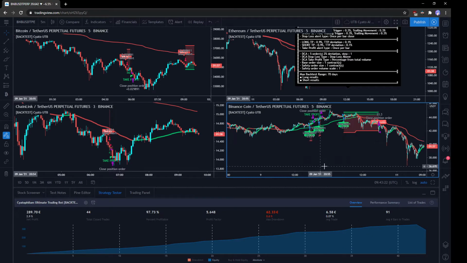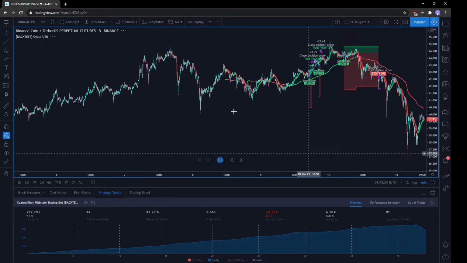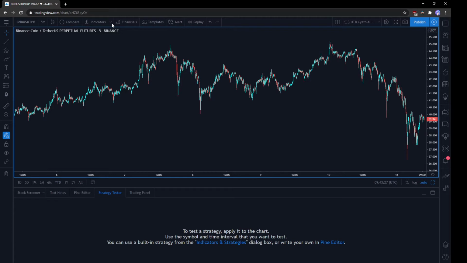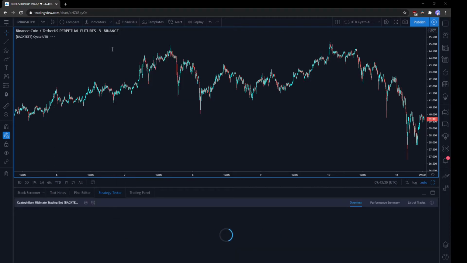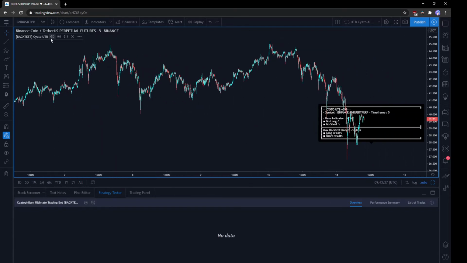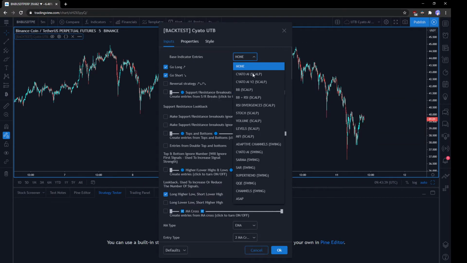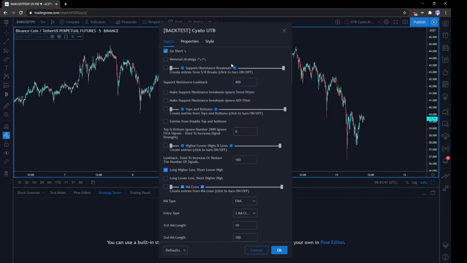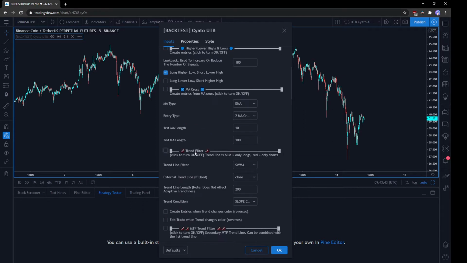Moving on to Binance Coin. Let's say we want to scalp Binance Coin. Okay, so again I'm going to use the same kind of settings.